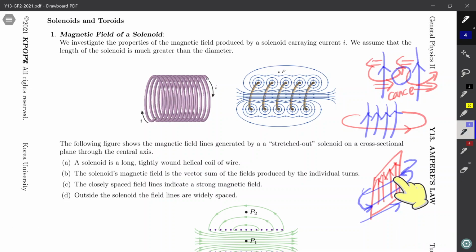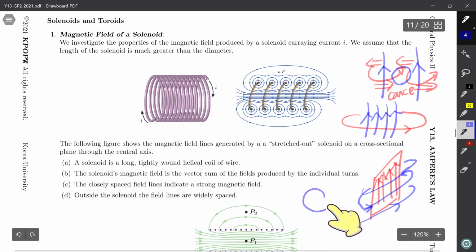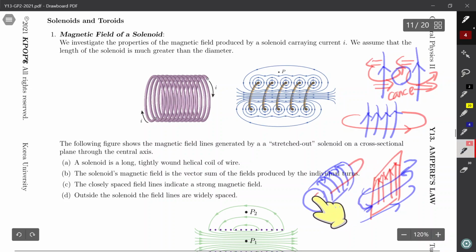In addition, if I have a surface with the current flowing in this direction, then the magnetic field is like that. However, inside this area is very small, and outside is an infinite area.